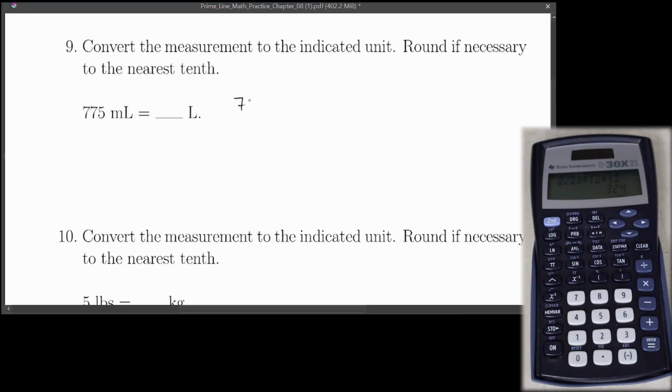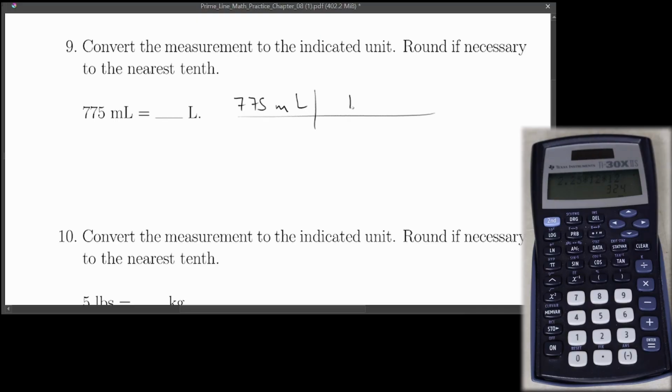Alright, 775 milliliters. And we know that in 1 liter there is 1,000 milliliters. But we want to convert the other way, so we're going to flip that fraction.